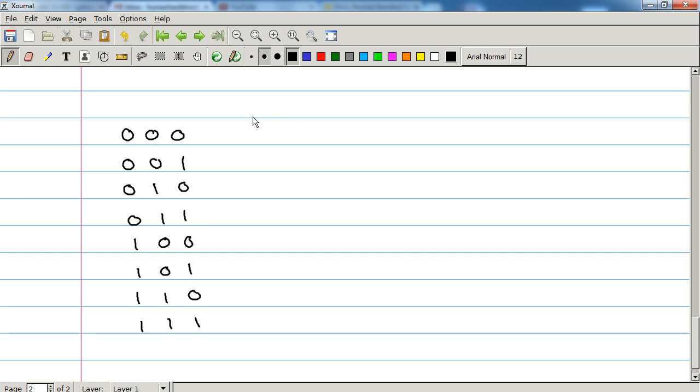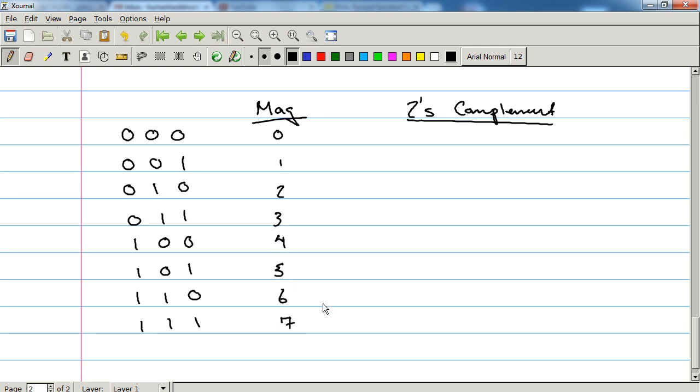Okay, so fill those in, and then we're going to look at the magnitude and then the 2's complement. So magnitude, this is 0, 1, 2, 3, 4, 5, 6, 7. 2's complement, 0, 1, 2, 3, negative 4, not negative 5, negative 3, negative 2, negative 1.